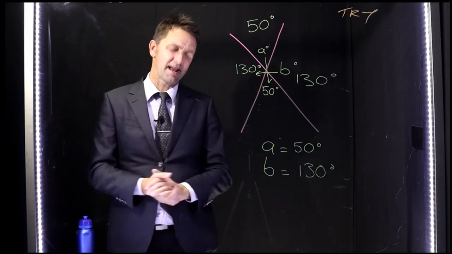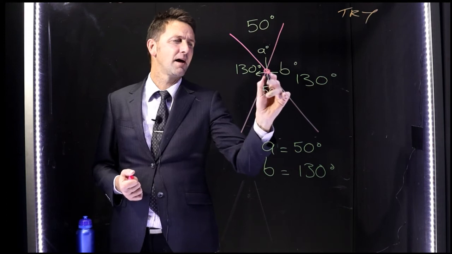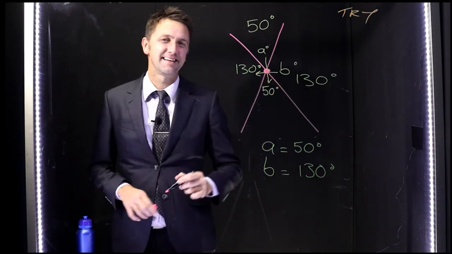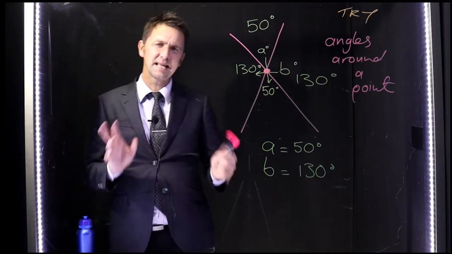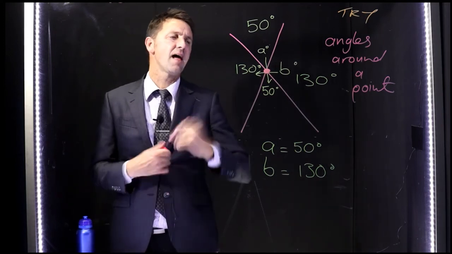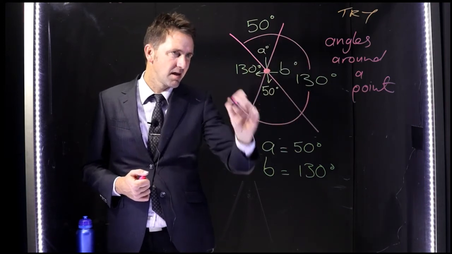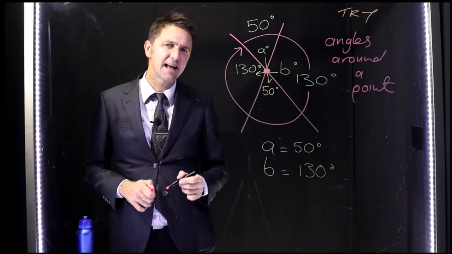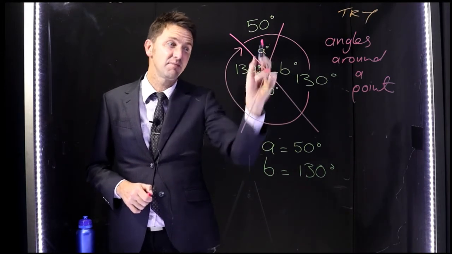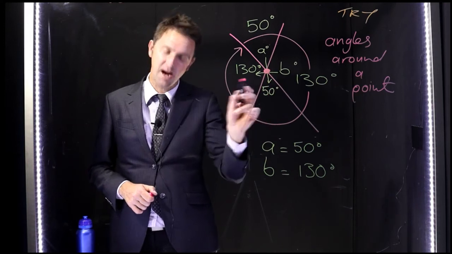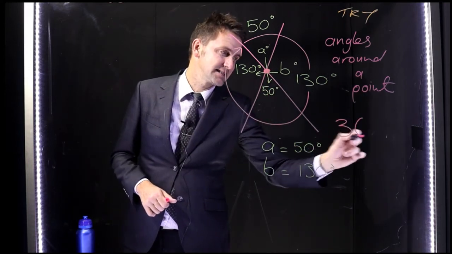These equal and opposite angles are actually angles all around a point. And because they're angles around a point, together they actually add up. If you add 50 to 130 to 50 to 130, you're going to get 360 degrees.